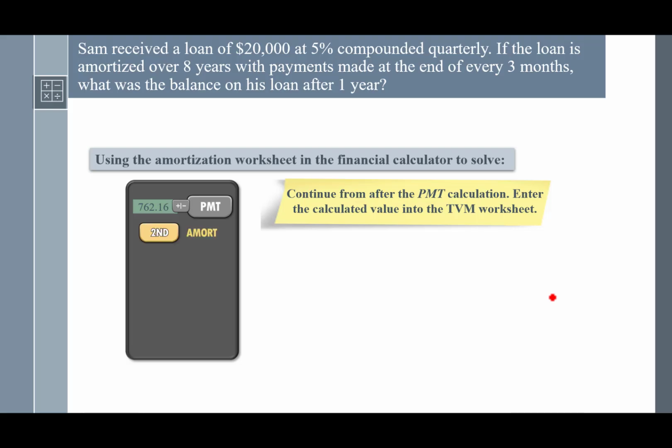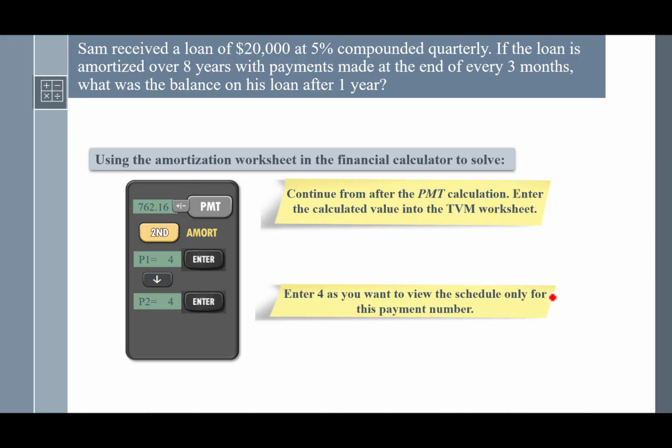We're going to go to the second amort. We're going to enter P1 as 4 because it's after the first year. It's a quarterly payment, so after the 4th payment, we're looking at the balance. And I want it only after the first year. I don't want how much they paid during the second year or during the first year. So I'm going to enter P2 also as 4.